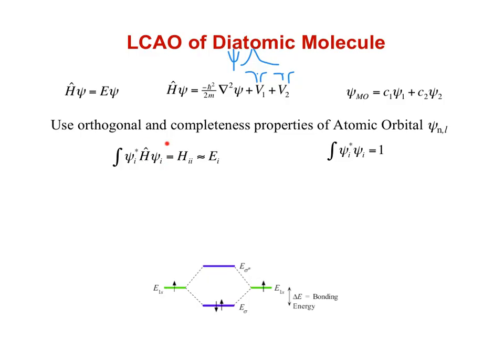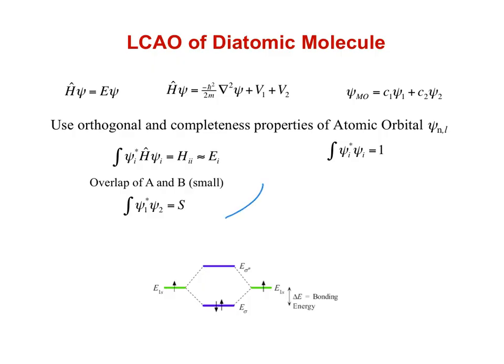Thus, H psi I is equal to E psi I, where now E is just the numerical value for the energy. We can pull that outside the integral and simply get the integral of psi star psi, which we know to be 1, such that this integral is approximately equal to the energy of that atomic orbital.